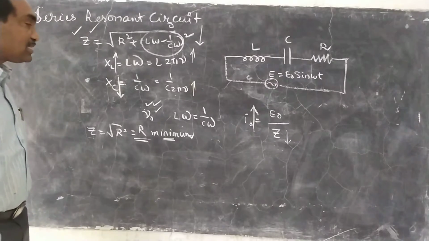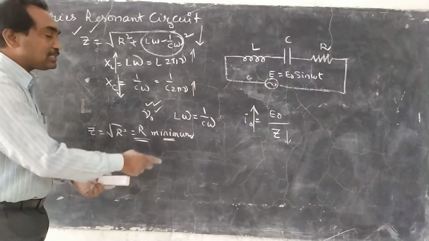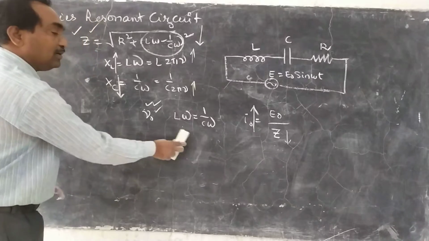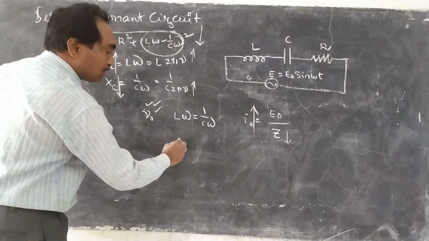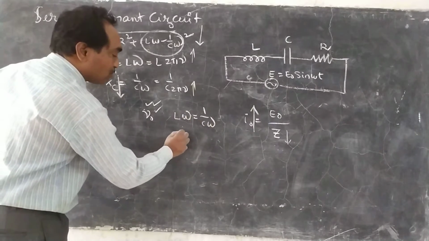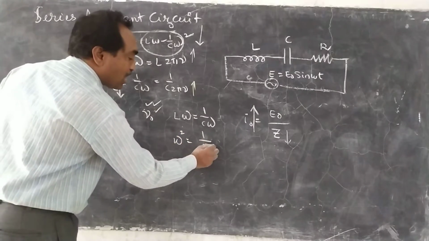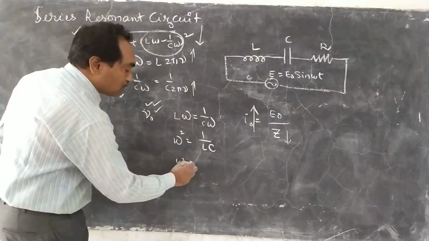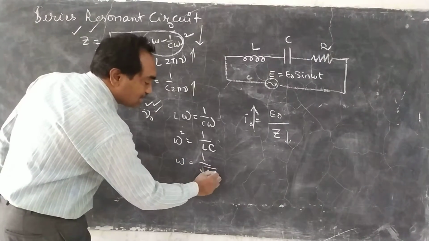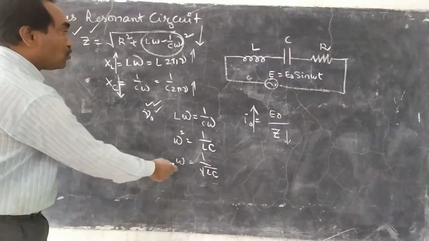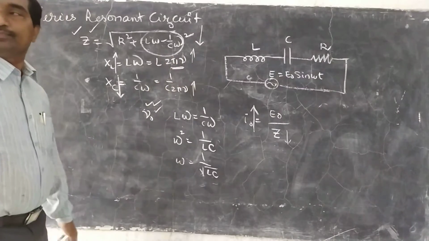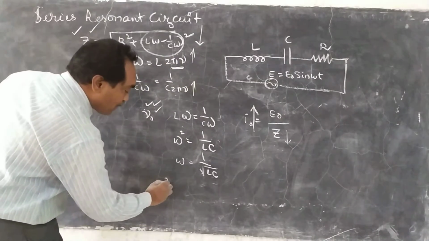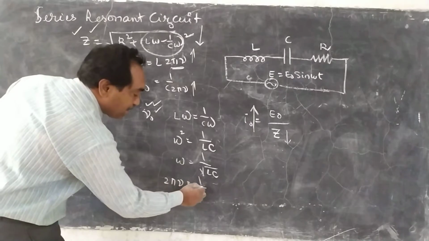So at resonant frequency, the capacitive reactance and inductive reactance are equal. So L omega equals 1 by C omega, giving omega square equal to 1 by LC. That is omega is equal to 1 by root LC. But we know omega is equal to 2 pi nu, so 2 pi nu is equal to 1 by root LC.